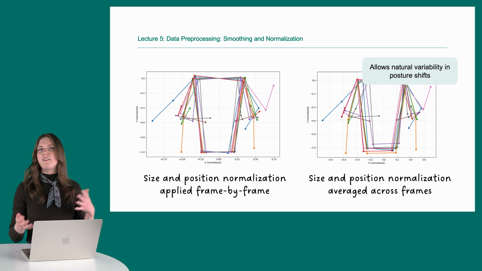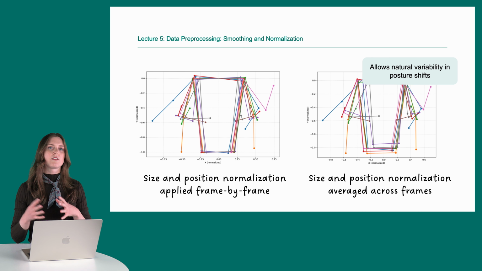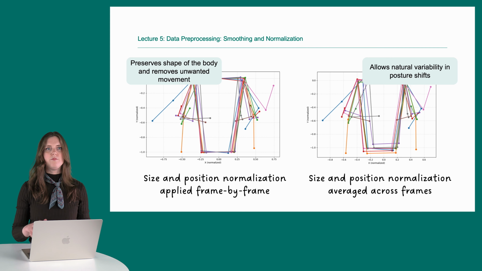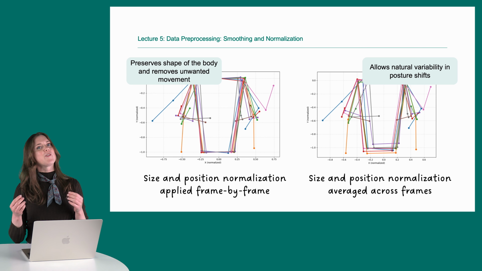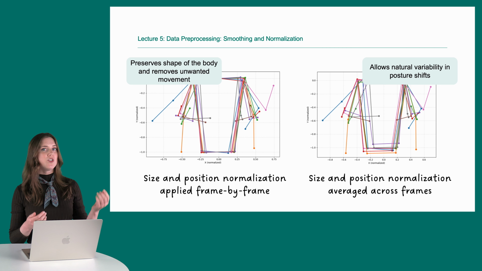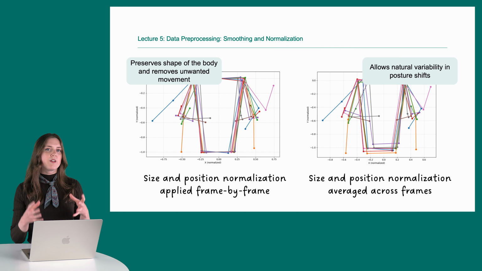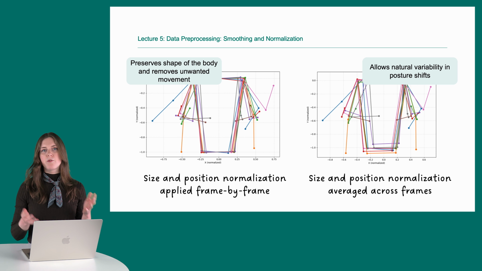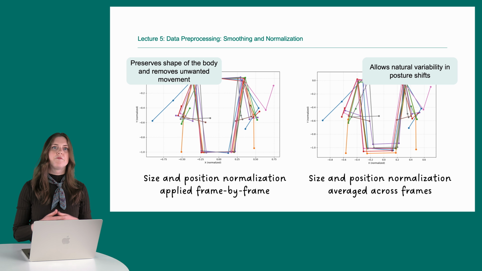For this reason, in this lecture series, we chose the scenario on the right, averaging across frames to allow for some of this natural variation. That said, if your participants move or drift too much, or you need a really consistent body reference point for your analysis, you might prefer the scenario on the left.